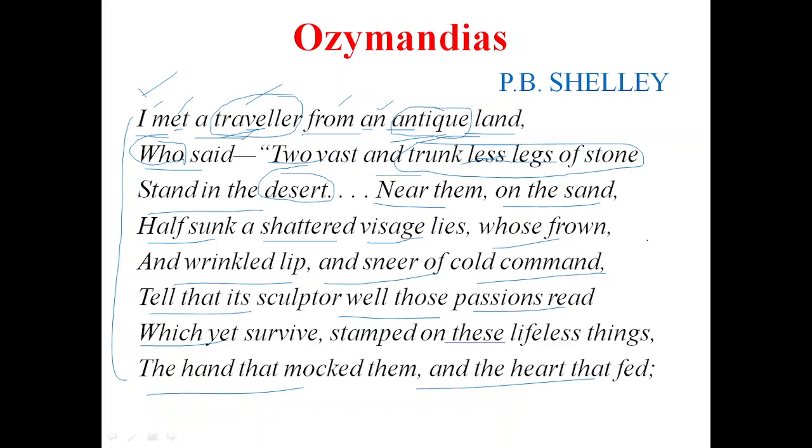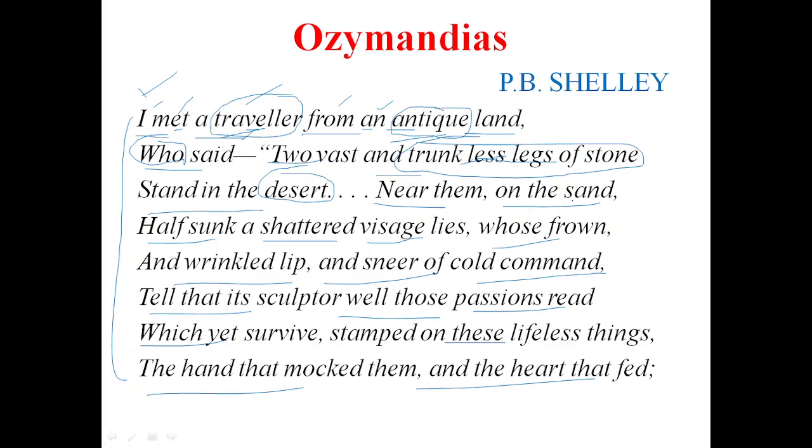आपने एक साथ चलना है लॉजिकली शुरू से। मुझे मिला, कौन मिला? ट्रेवलर मिला। तो कहाँ से आया था? वो एंटीक लैंड आया था। एंटीक का मतलब ancient land. Okay, उसने क्या कहा? उसने कहा कि he had seen two vast and trunkless legs of stone. That means he had seen a broken statue which was there in the desert, and what was left in the statue was that these legs were standing still there, but its upper part of the body was not, right.